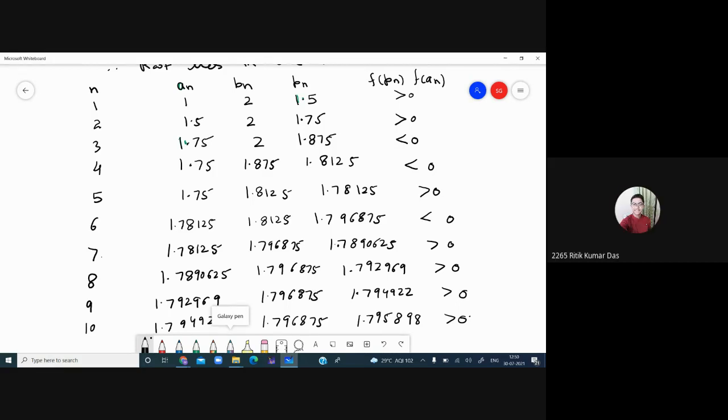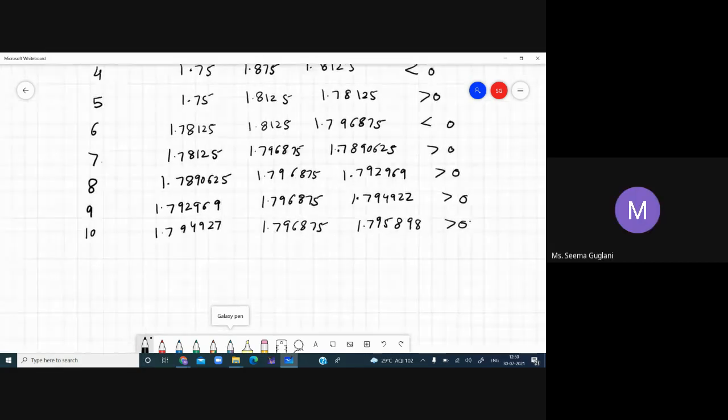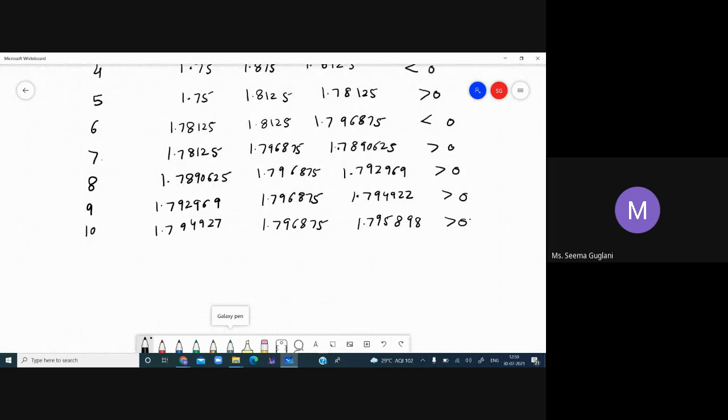Yes, ma'am. Since I have gone up to 10 iterations, I have to write down the conclusion also. I can't leave the question here, because the question has asked me to find the approximate root. So I will write down the approximate root is 1.795898. Fine.